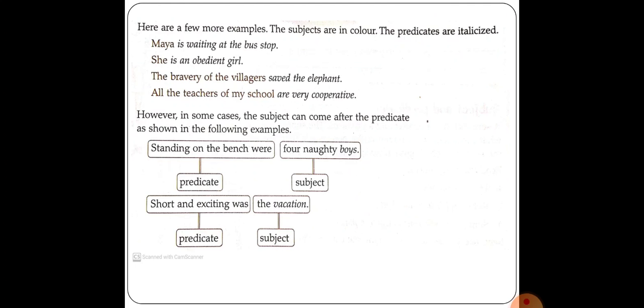Now standing on the beach is the predicate part, and four naughty boys is the subject. Short and exciting was the vacation. We are talking about the vacation, so it is the subject, and we are talking about how the vacation was. So short and exciting was is the predicate.